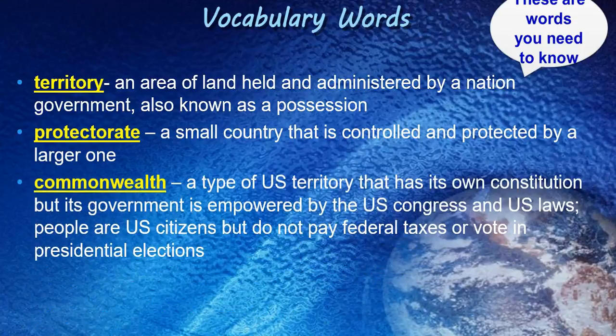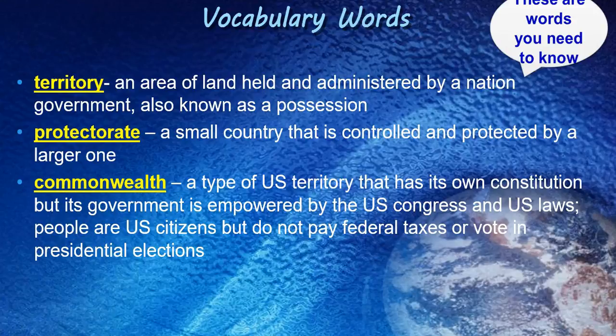Commonwealth. A commonwealth is kind of like a territory. It's just a little different. It's a type of U.S. territory that has its own constitution, but its government is empowered by the U.S. Congress and U.S. laws. Now, in a commonwealth, the people are already U.S. citizens. The only thing is they don't have to pay taxes and they can't vote in presidential elections, but they're still U.S. citizens.